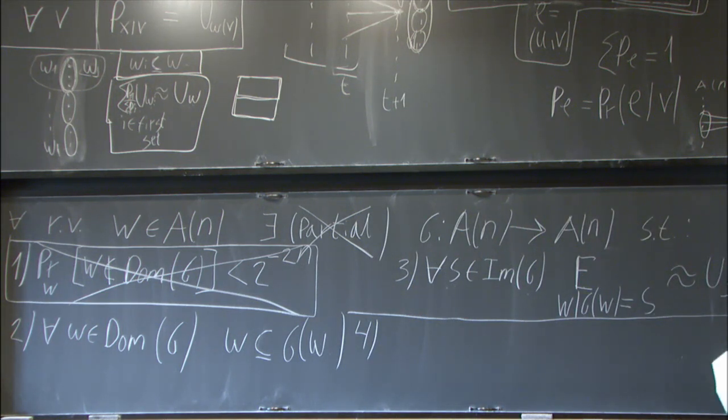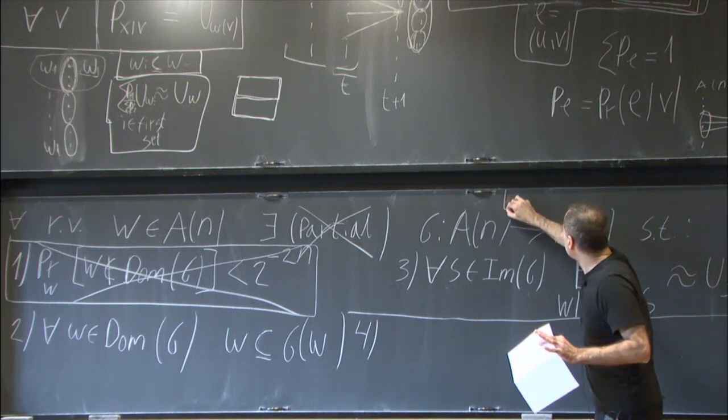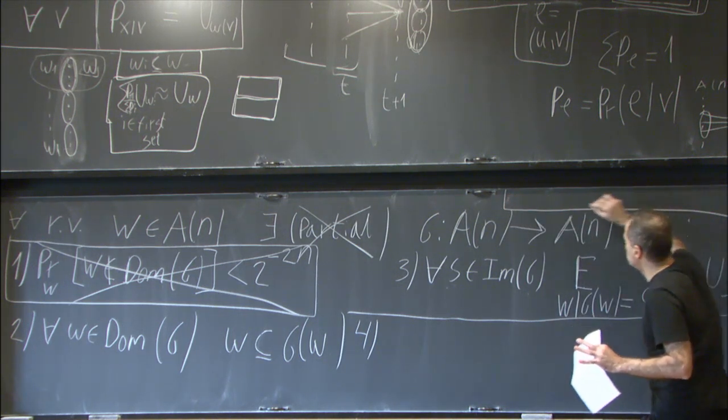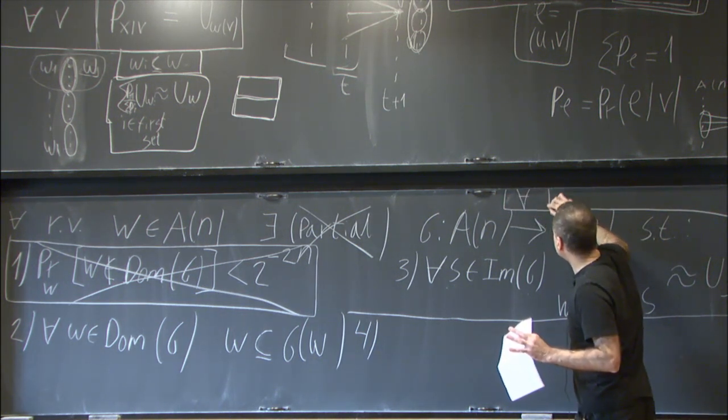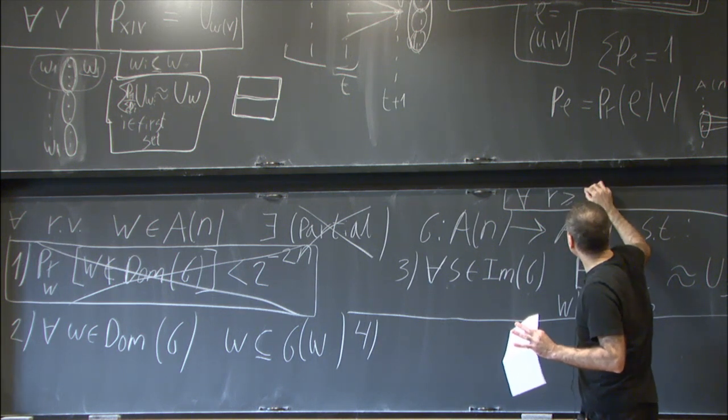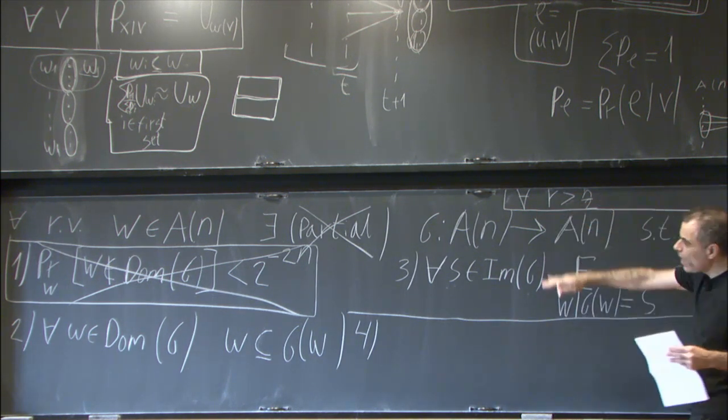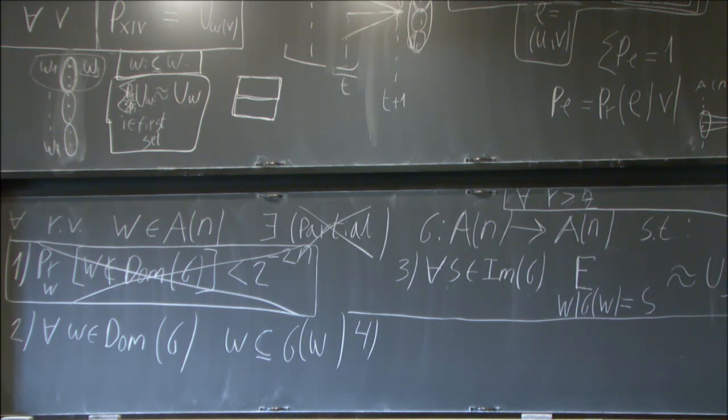Okay, so I want an additional complication. I have a parameter R that can be anything larger than n over 2. And for every R, this will be satisfied. I still didn't write R anywhere here, but I will write it now.